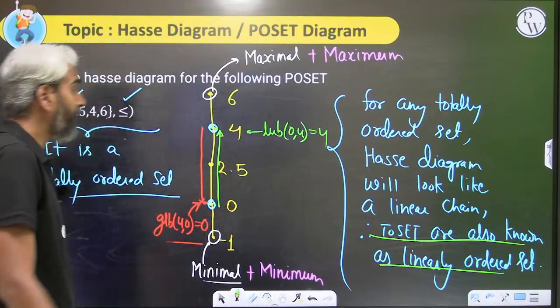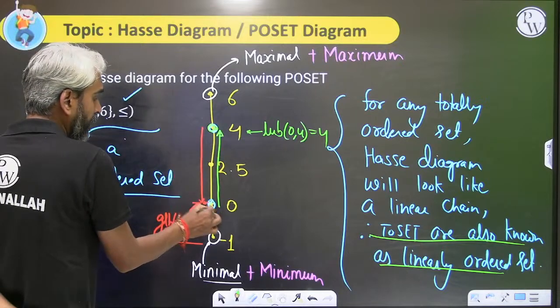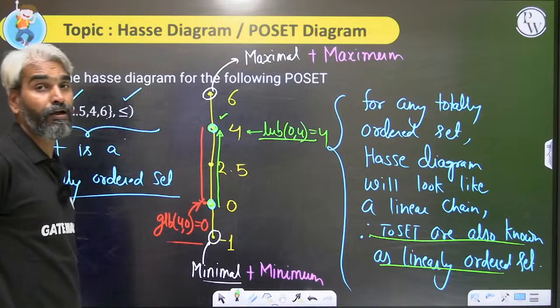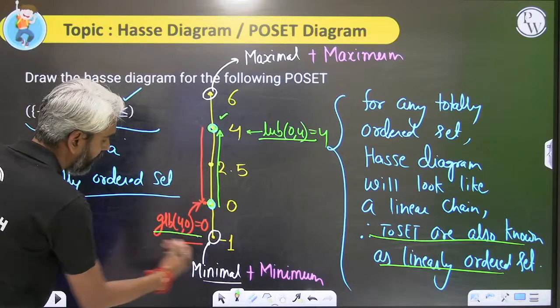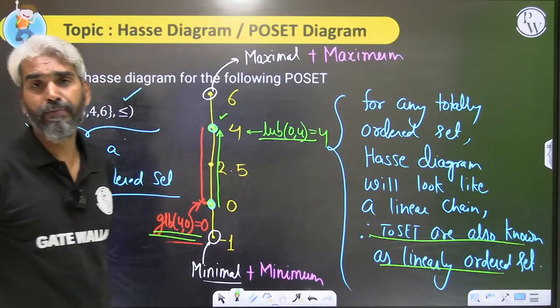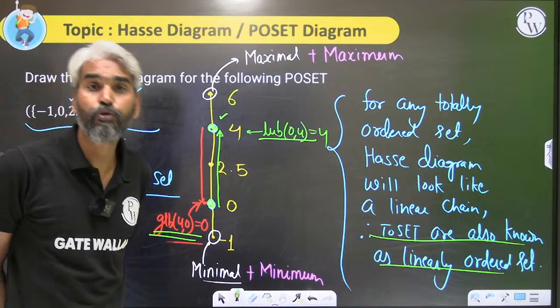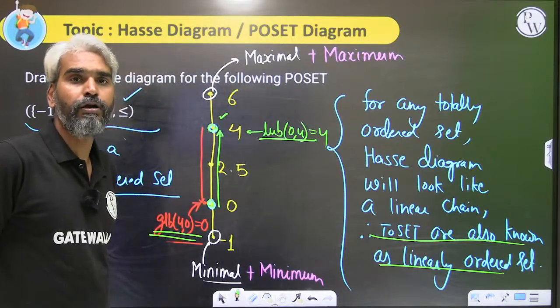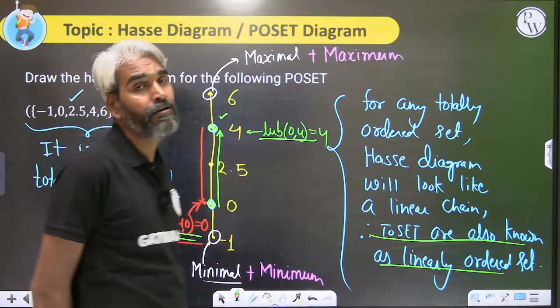Why? If you take any two elements on this line, then the element on the upper side will be the least upper bound of that pair of elements, and the element at the lower side will be the greatest lower bound of that particular pair of elements. So a totally ordered set will always be a lattice.